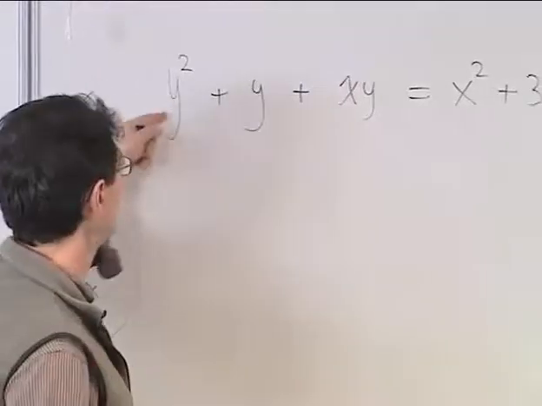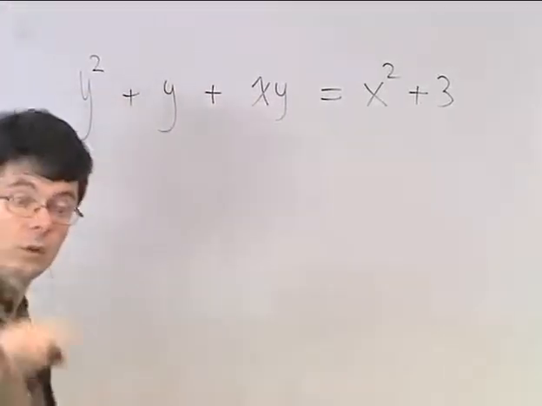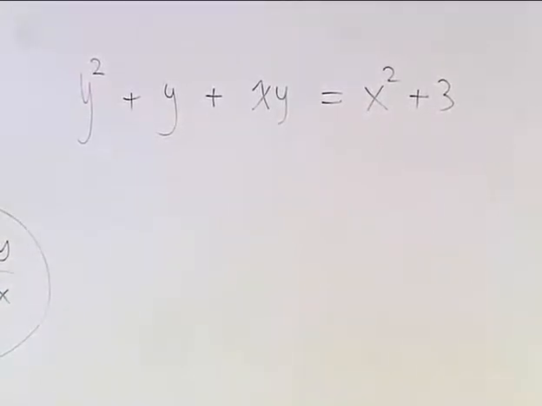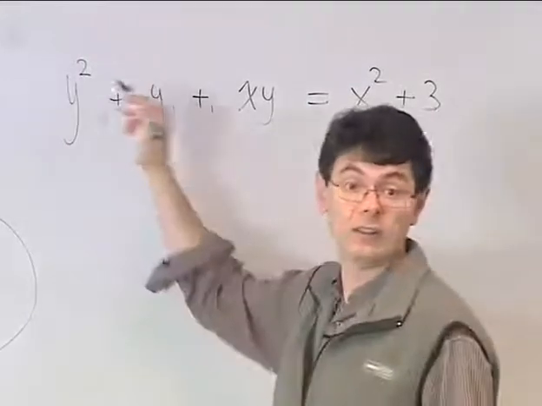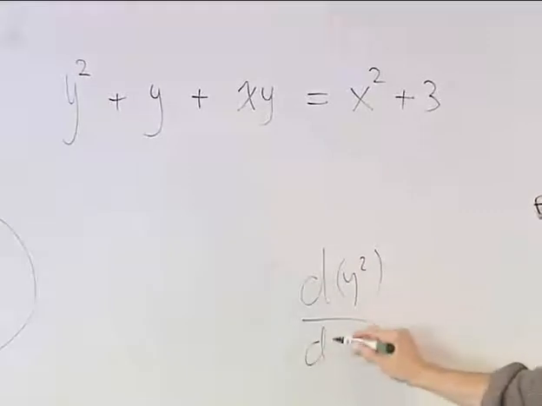What's the derivative of y squared with respect to t? That's the problem, right? It's not the derivative of y squared with respect to y.